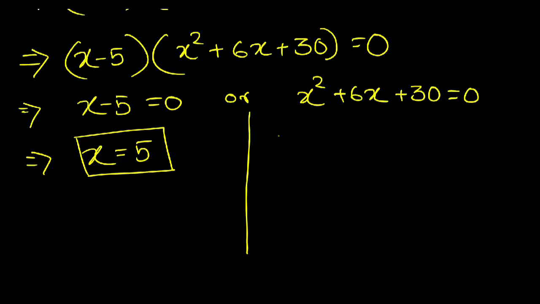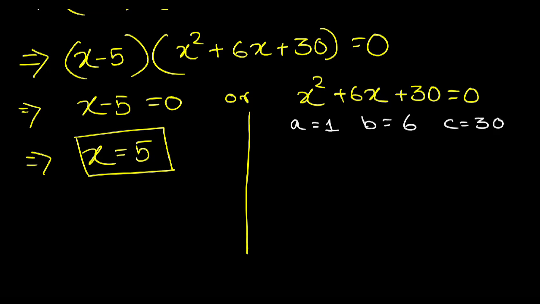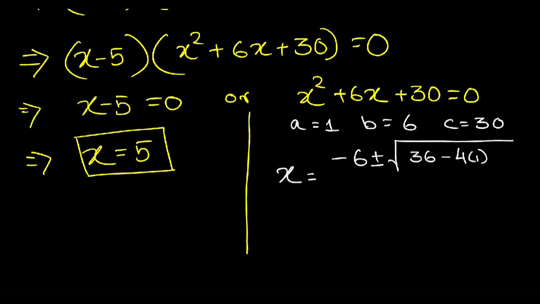Now, let us solve this quadratic equation. Here, we can say a is equal to 1, b is equal to 6 and c is equal to 30. Then, the solution is x is equal to minus b plus minus square root of b square, that is 6 square 36 minus 4 into 1 into c, that is 30 divided by 2a, 2 into 1, 2.